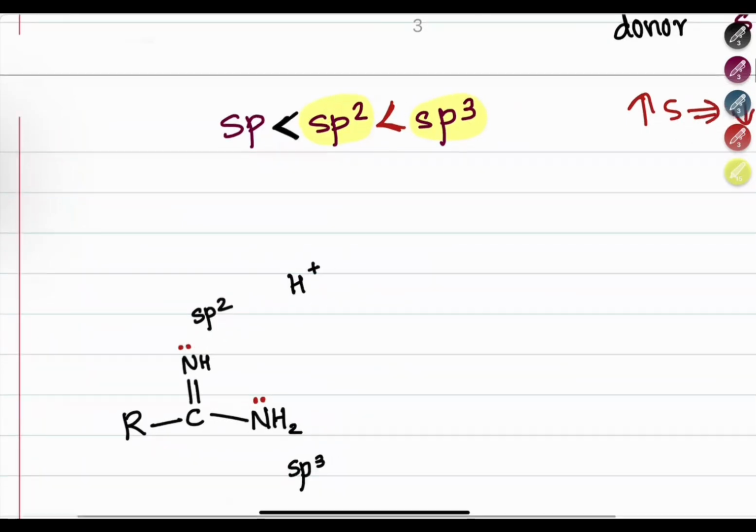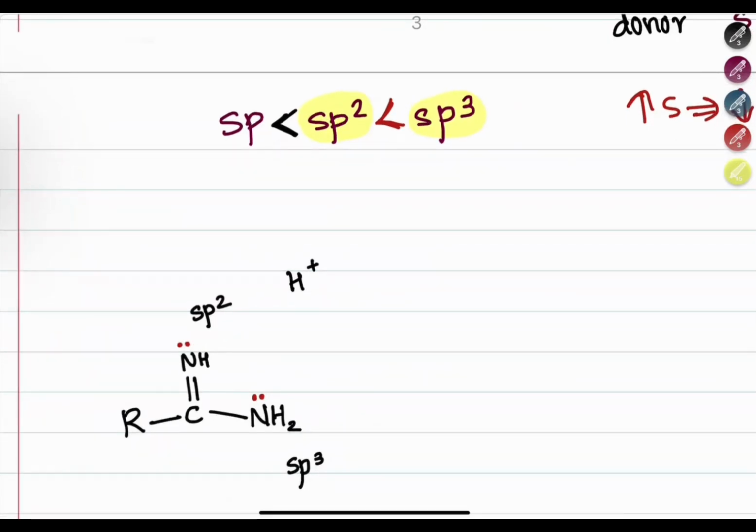But here, one more thing is present: delocalization is present in this molecule, because a lone pair is present, and adjacent to this lone pair, a double bond is present. If a double bond and a lone pair are present, this lone pair can take part in the conjugation. That means this electron will move here, and this double bond will move to this nitrogen. And from this we will get a structure like this.